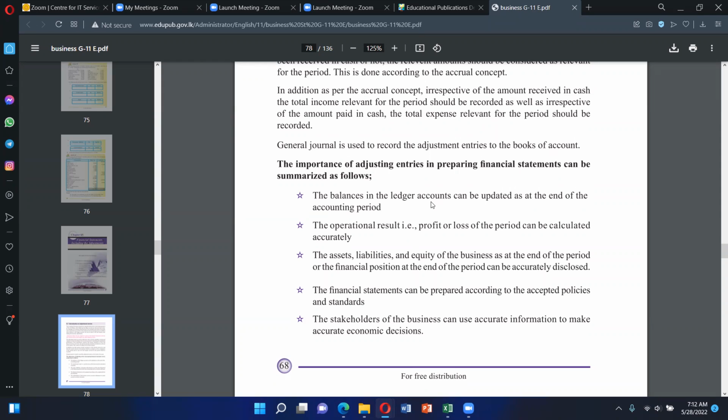Third, financial statements can be prepared in accordance with generally accepted accounting policies and standards.